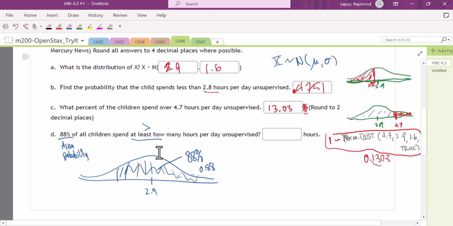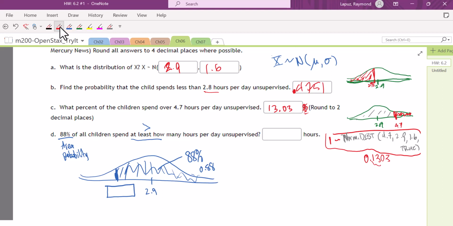Now, if we're going to take advantage of technology and try to figure out this number, because this is the number we want, what is this number? Most of the inverse normal inputs that we need to put in any technology, whether we're using calculator or this program, Google Sheets, is always going to ask for the area on the left.